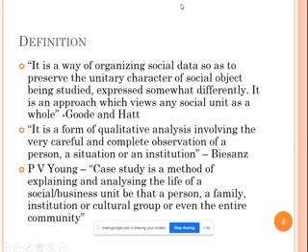case study. It is a way of organizing social data so as to preserve the unitary character of the social object being studied. Expressed somewhat differently, it is an approach which views any social unit as a whole. So this is about organizing social data and preserving the unitary character.